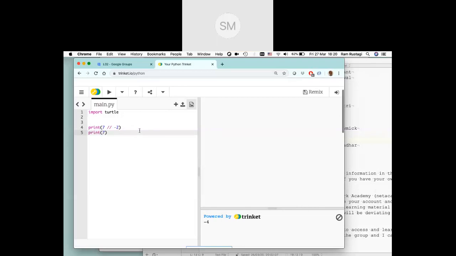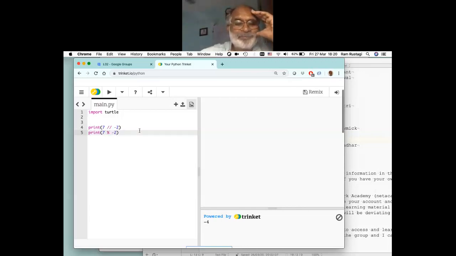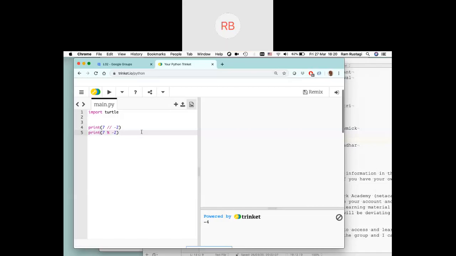There's a remainder operator. What do you think the answer would be? 1. Why not -1? Yeah, I think it's -1. No, tell me, why should it be 1 or -1?